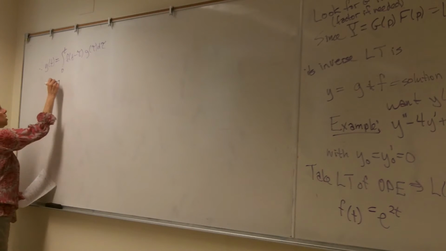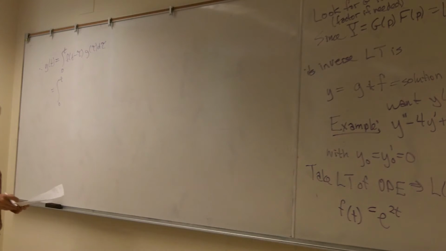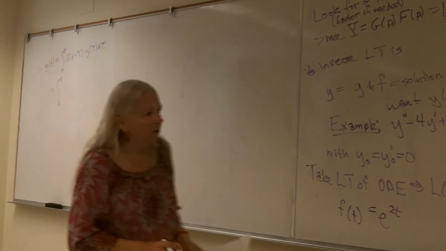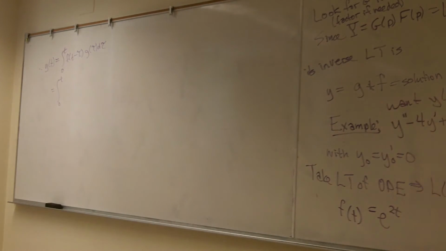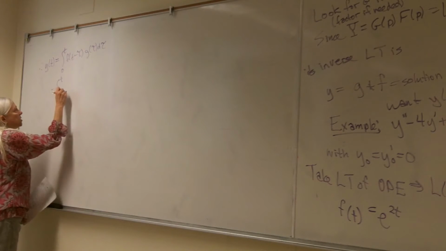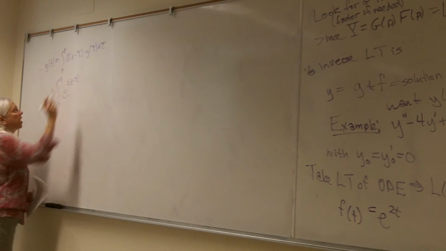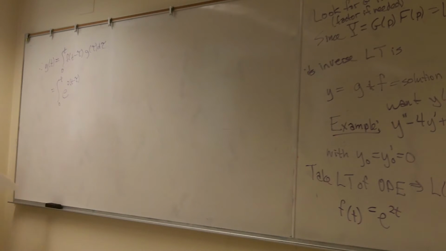Plugging in, our function f is equal to e to the 2t, but we're replacing t by t minus tau, so it's e to the 2 times the quantity t minus tau. That's our f of t minus tau.